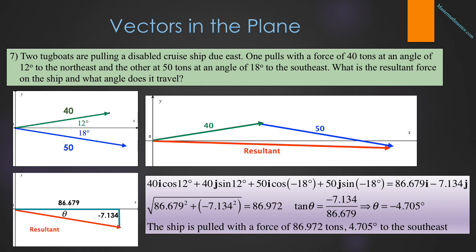So the resultant vector will have a magnitude, by the Pythagorean theorem, of the square root of 86.679 squared plus negative 7.134 squared, which is 86.972. The tangent of the angle is negative 7.134 over 86.679, and therefore theta is equal to negative 4.705 degrees.